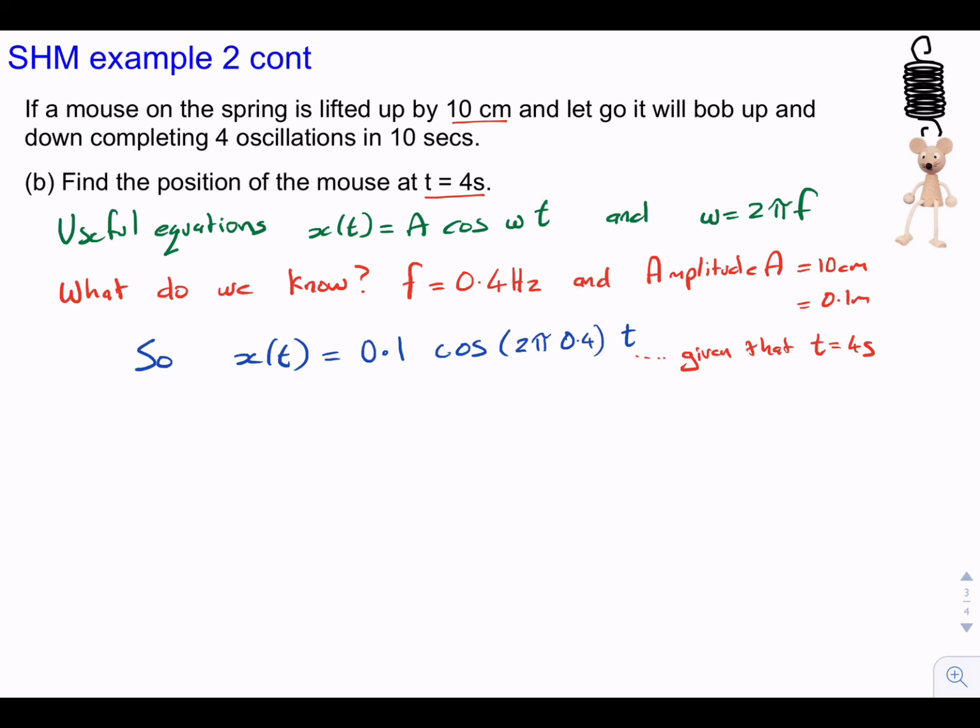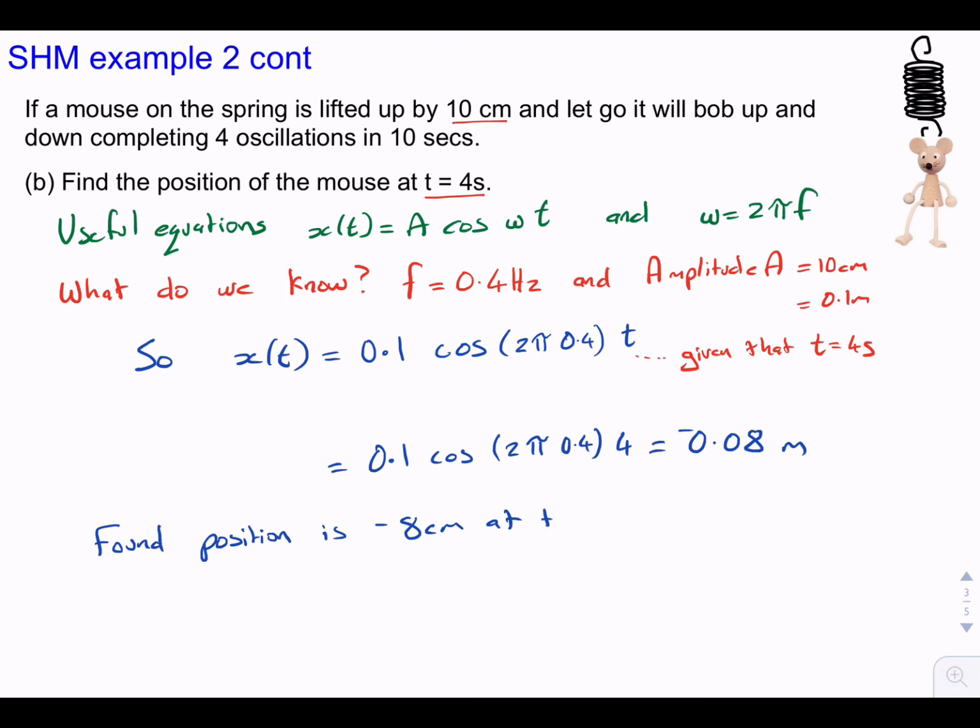So if we put that in, we get this, which calculates out at minus 0.08 meters. So what we've found is the position is minus 8 centimeters at time equals 4 seconds.